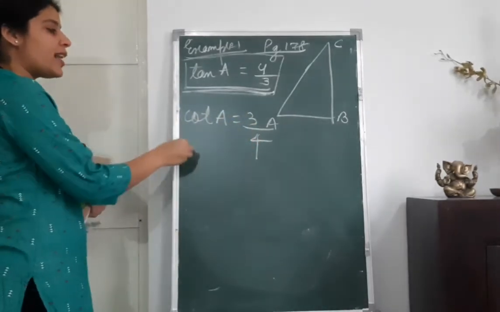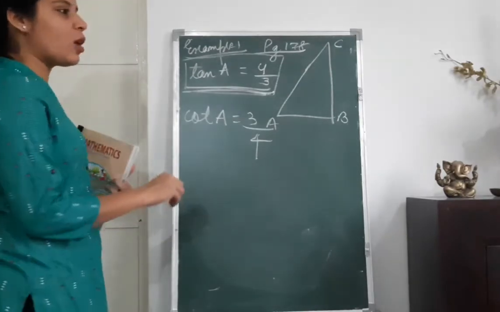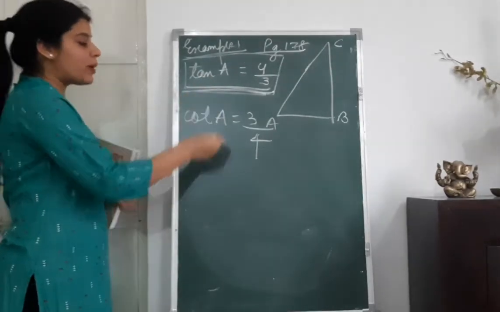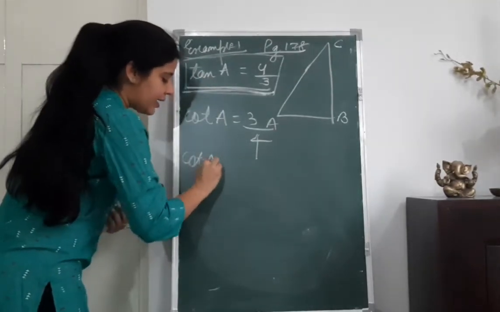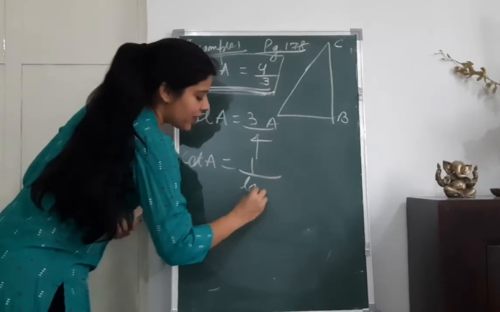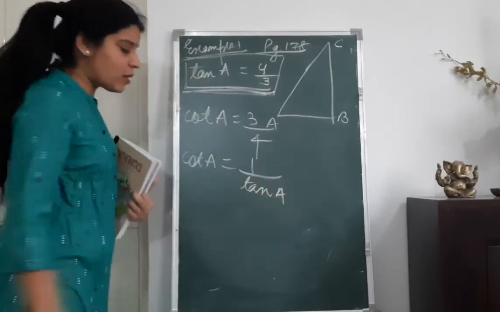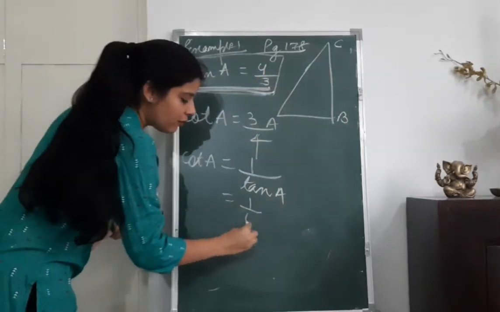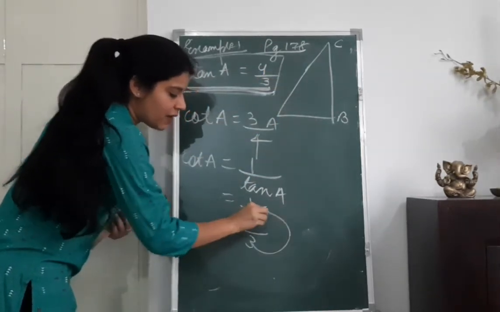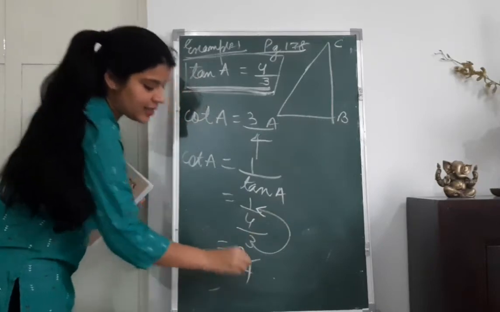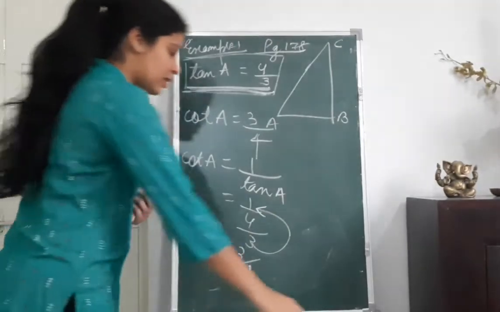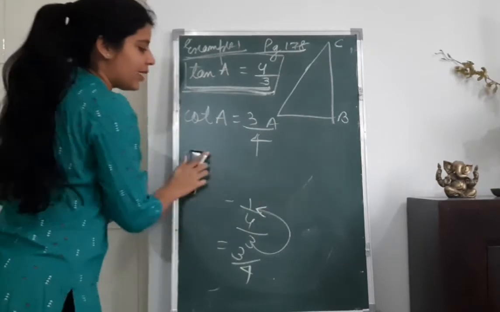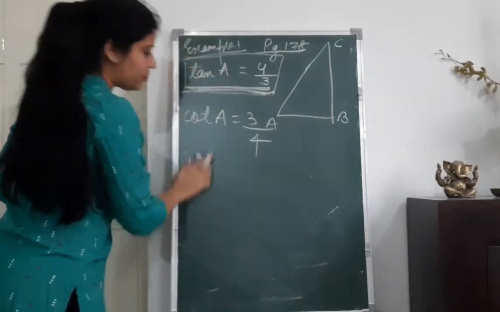Why can I say this? Because we know cot A is nothing but the reciprocal of tan A. That is, cot A is equals to 1 upon tan A, and tan A in this case is 4 by 3, so 1 upon 4 by 3. This 3 will go up, and that is how we get 3 by 4. So cot A is equals to nothing but 3 by 4.